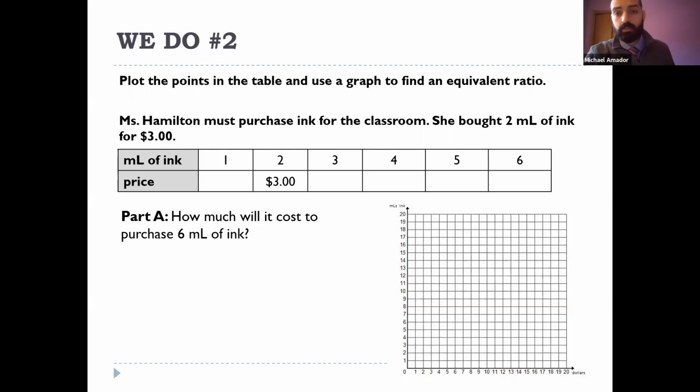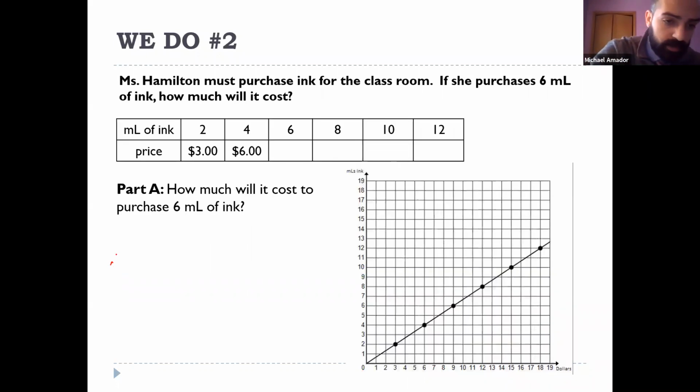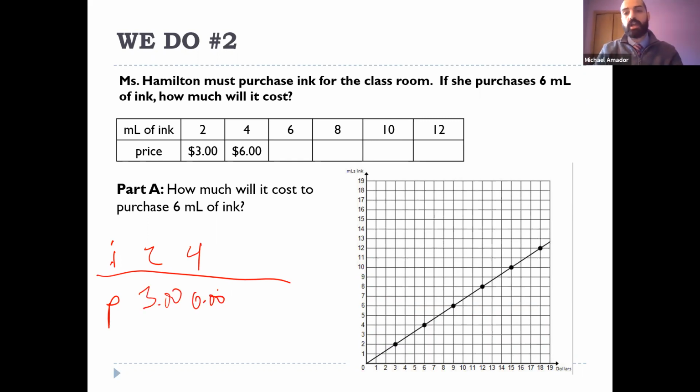Yeah, you can do your best, as quickly as you can. You don't have to draw a perfect table that has all those boxes, right? You could do something so simple like this. You could have I for ink, P for price, a line down the middle, 2, 4, $3, $6. So you don't take up too much time writing tables and things like that.